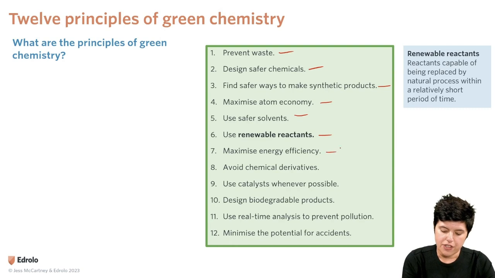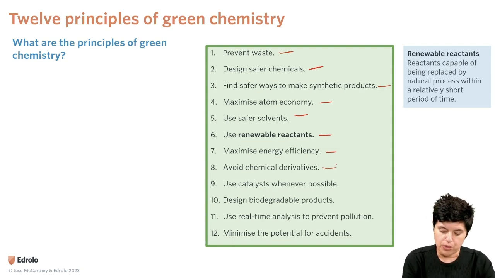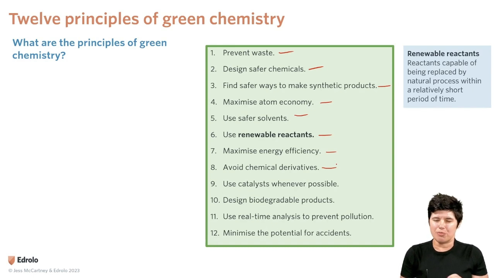Maximize energy efficiency. So this could be using energy that's being produced in the reaction or using the least amount of energy in the reaction as possible. Avoid chemical derivatives. So this is like tinkering with the chemicals too much. So try to use the chemicals or the raw products as is.